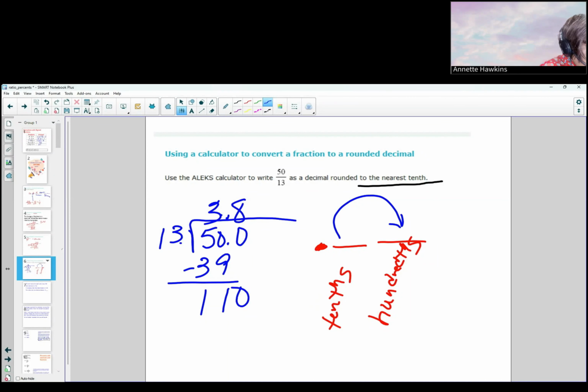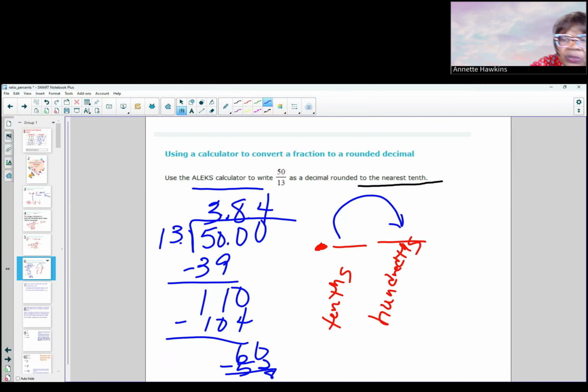And you can use your calculator with this. 8 times 13, this is 104. Subtract, get 6, annex a 0. 13 will go into 60, what, 4 times? 4 times 13 is 52, and you get 8. Now, you don't worry about what's left because we rounded this to the nearest tenth. So we only need to take it out 2 decimal places, okay?